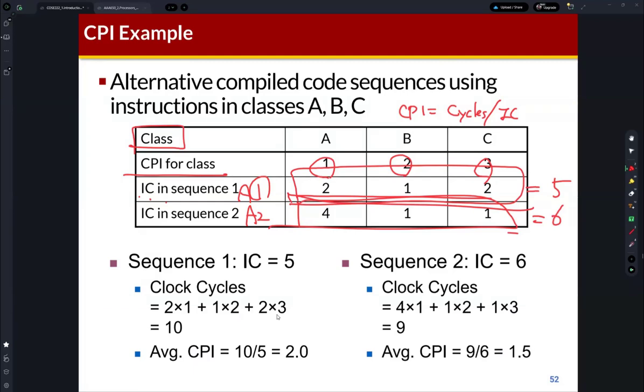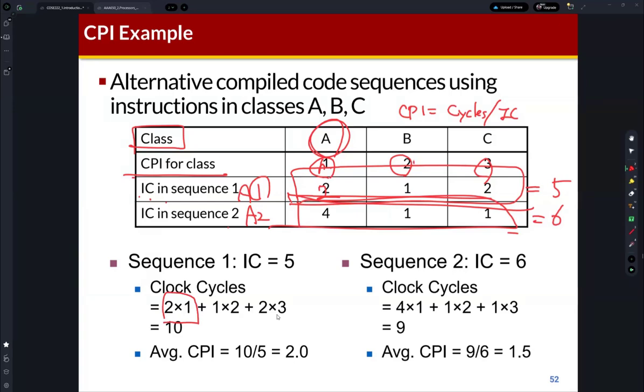And then what is the number of cycles for sequence 1 and sequence 2? We can calculate, right? For class A, the CPI is 1, and there are 2 instructions. The total cycles, 2, right?